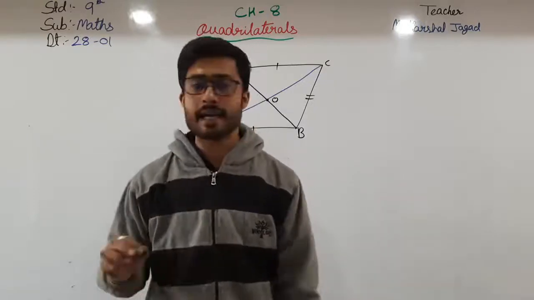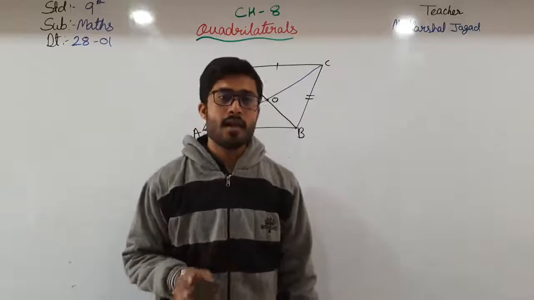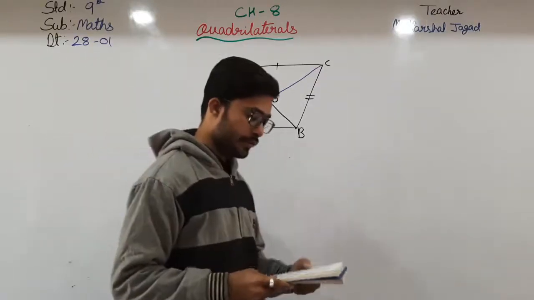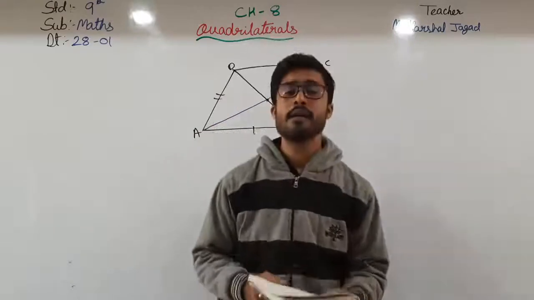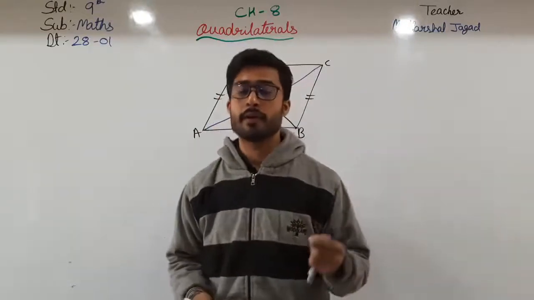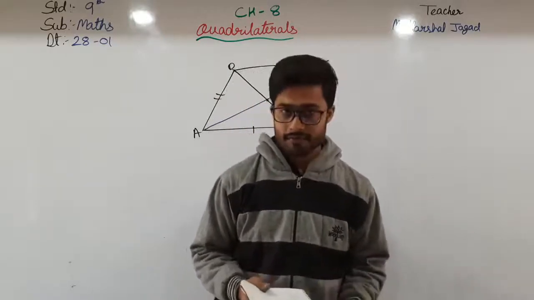Now here comes the example, but in this chapter there is no example, there is only one sum of exercise 8.1. But before that we come to another condition for a quadrilateral to be a parallelogram. Let us see that first of all.